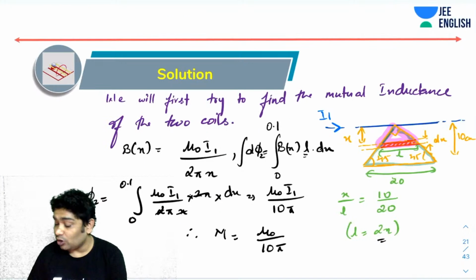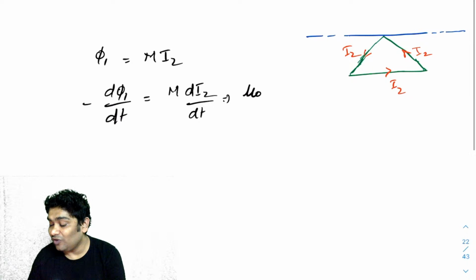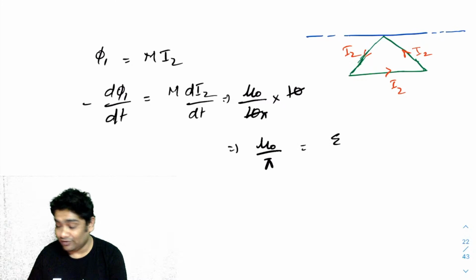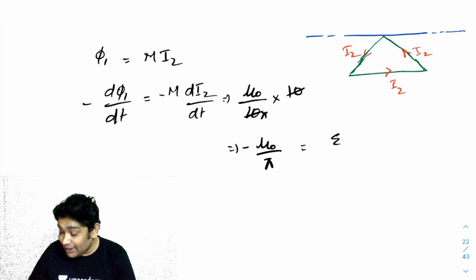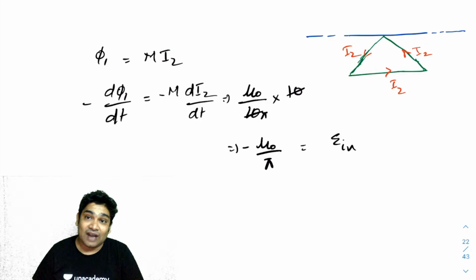The M was mu naught over 10 pi. So we are getting mu naught over 10 pi into the current was changing at a rate of 10. So mu naught over pi, that is the EMF induced. Of course, I'll have a minus sign, which will essentially tell me about the direction. So EMF induced across the ends of the open-ended wire is in fact mu naught over pi.